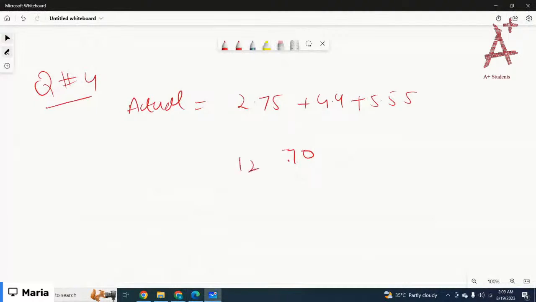That would be 12.70. That means you need 12.70 kg of chocolate chips, but he has 10.5.